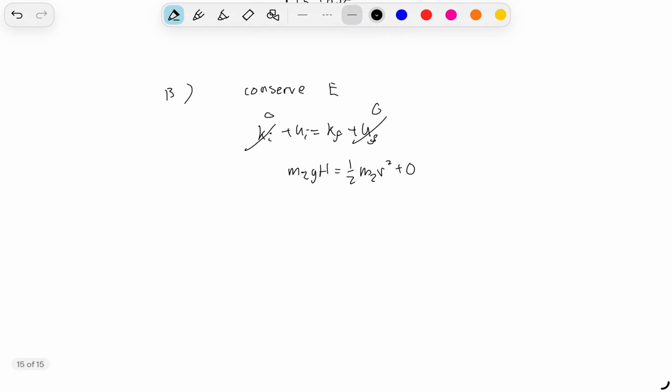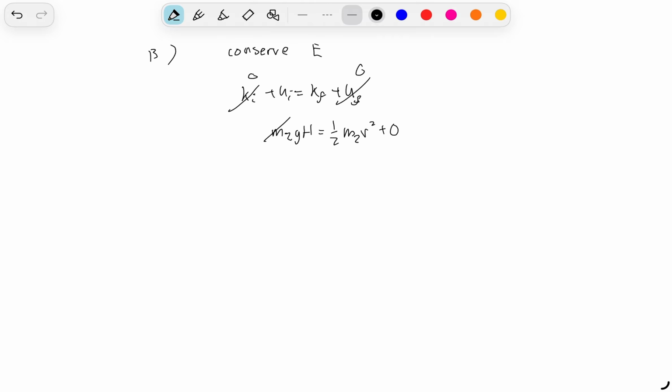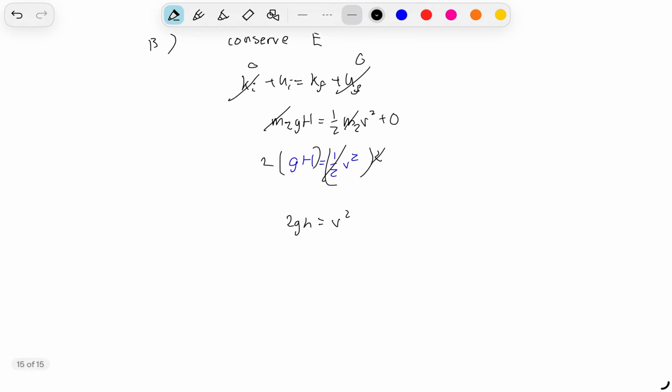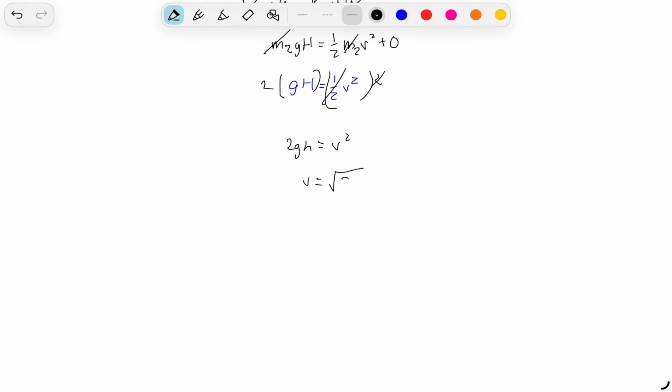After this, we can cancel out our m2, and we have g h is equal to 1/2 v squared. We multiply by 2 on both sides to cancel out the 1/2, so 2gh is equal to v squared, and then v is equal to the root of that, the square root of 2gh.